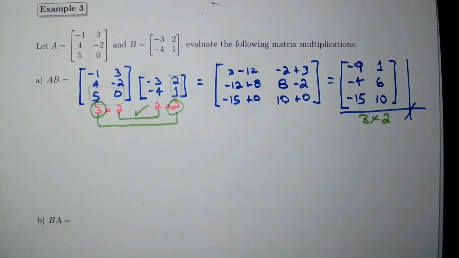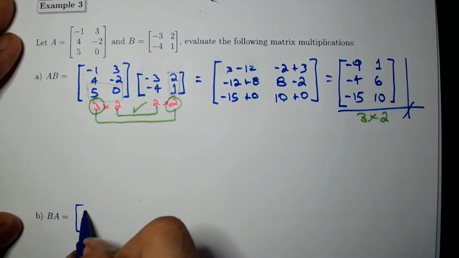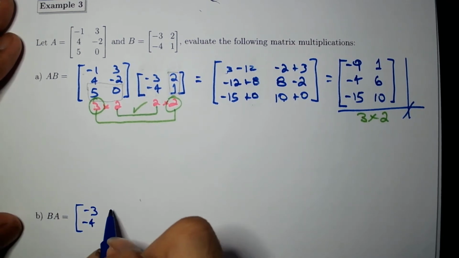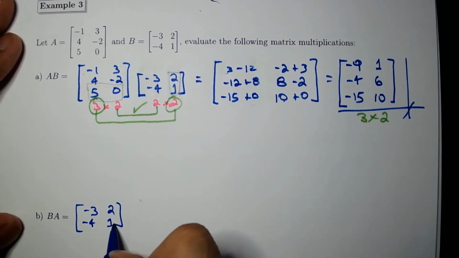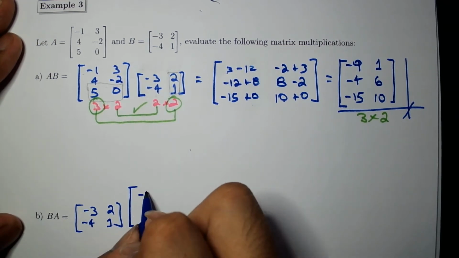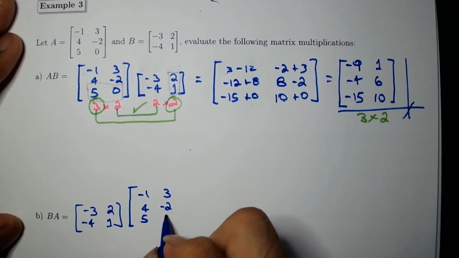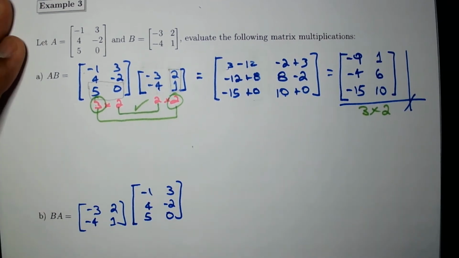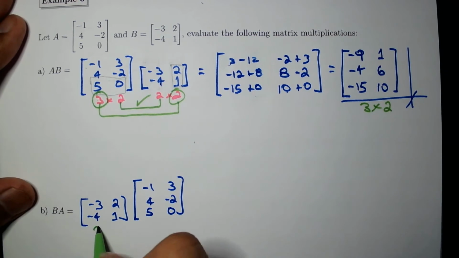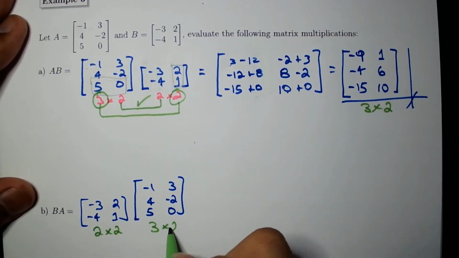Let's see if the product works the other way around. That is negative 3, negative 4, 2, 1 times negative 1, 4, 5, 3, negative 2, and 0. In this case, well, we have a 2 by 2 matrix and a 3 by 2 matrix.